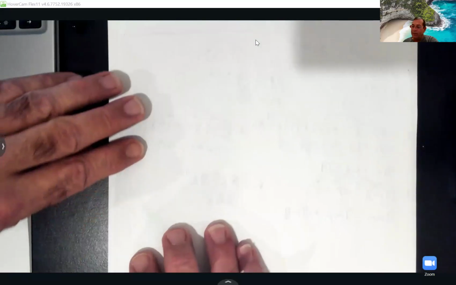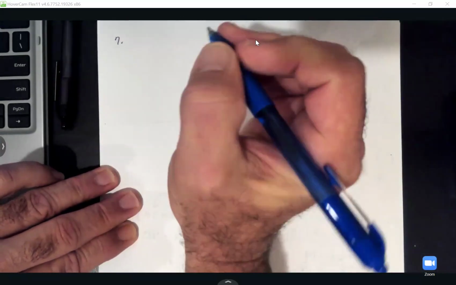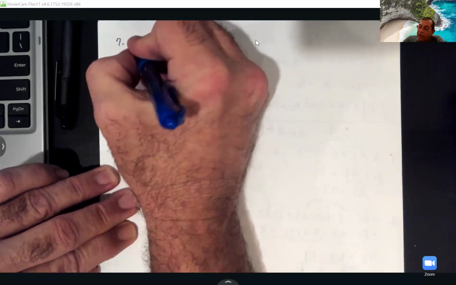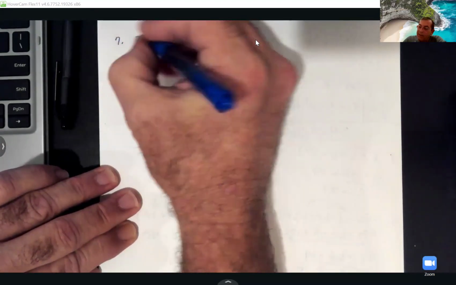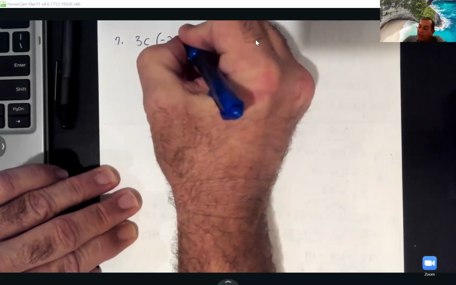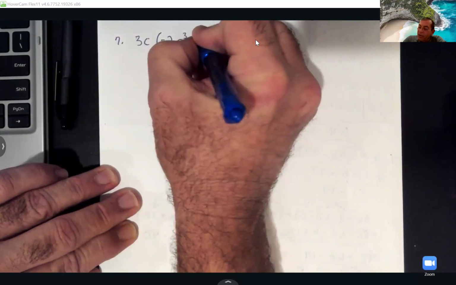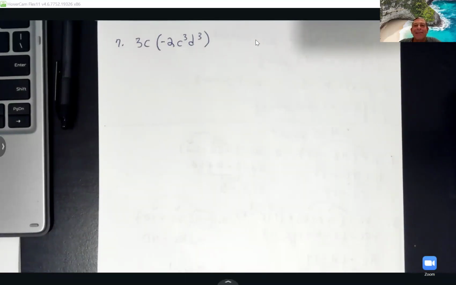All right, let me turn that over. Number 7 has a 3c times parentheses negative 2c^3 d^3. All right, so let's think what y'all would do with that.